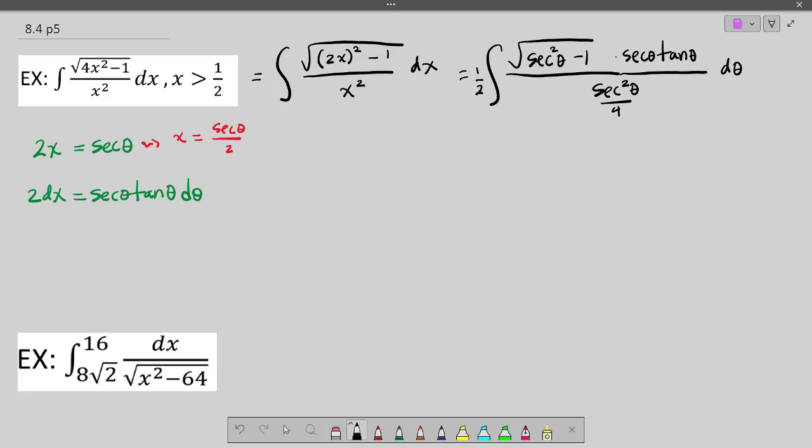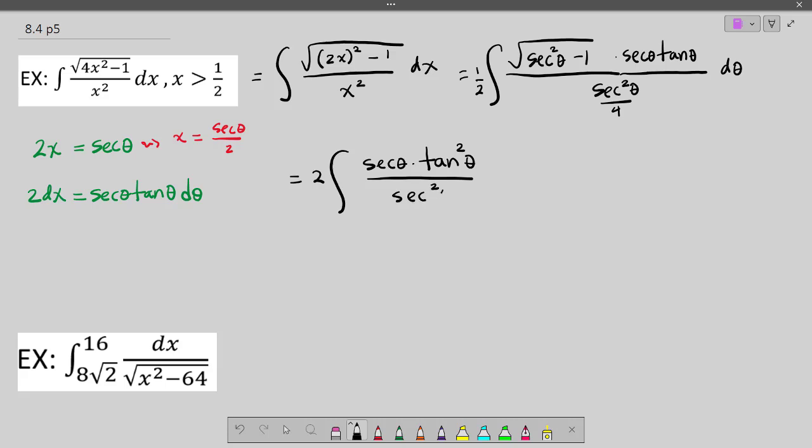This will give us a 2 out in front. So that 4 is popping into the numerator, so we'll have 4 divided by 2, which will be 2. Secant squared minus 1 is tangent squared. Square root of tangent squared is tangent. Let's combine two steps.